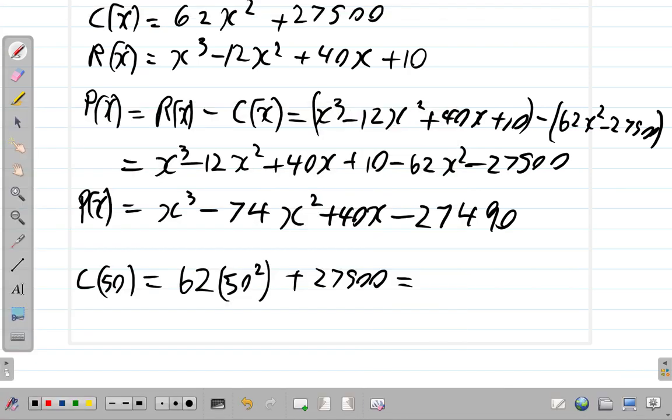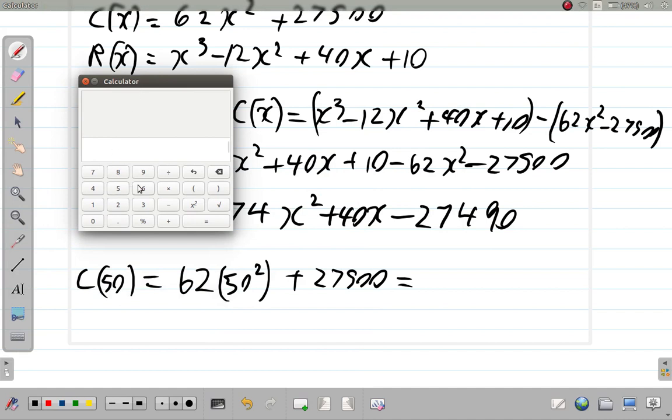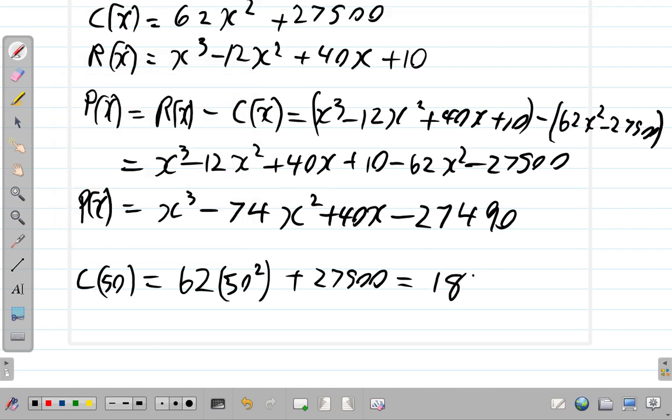Let's use our calculator. We have 62 times 50 squared, plus 27,500 equals 182,500. That's the cost of 50 items.